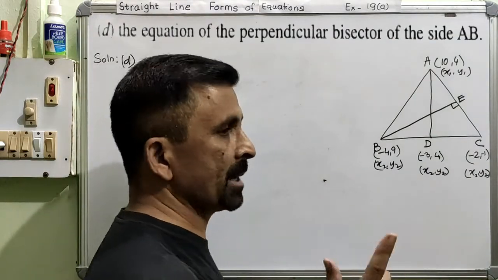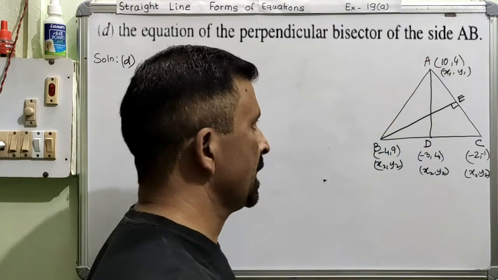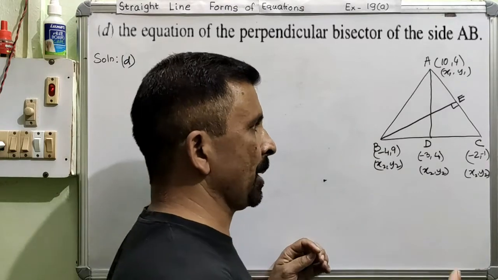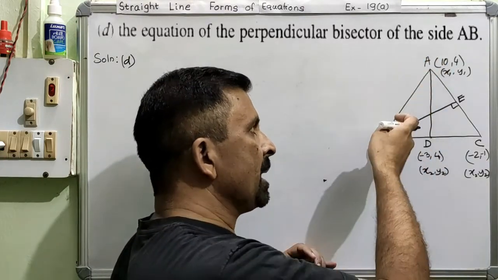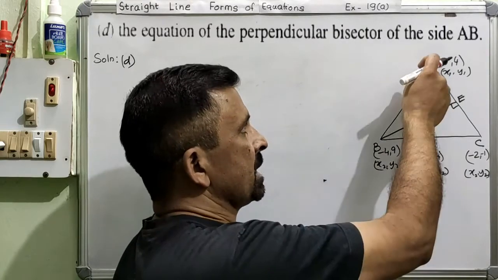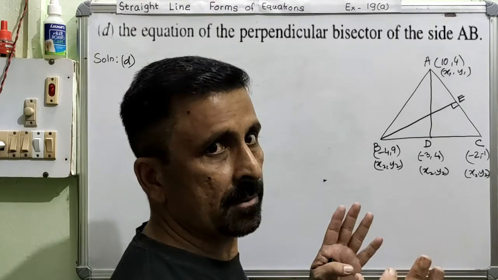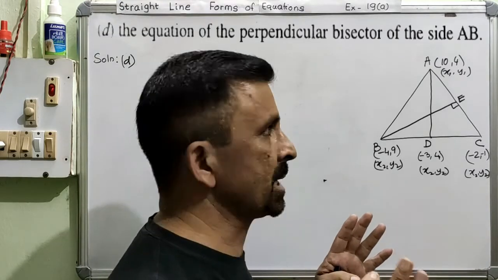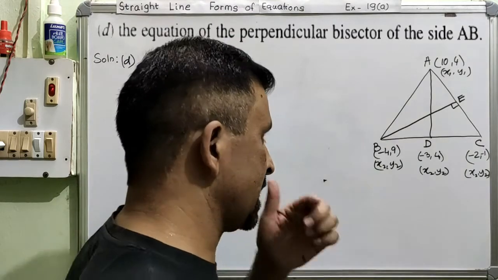This is your AB side. Clear? And you need to have the perpendicular bisector. Perpendicular bisector means a line which is perpendicular to AB, and also it divides this AB into two equal parts. That line will be called the perpendicular bisector, and this concept you have studied in class 9 and class 10.